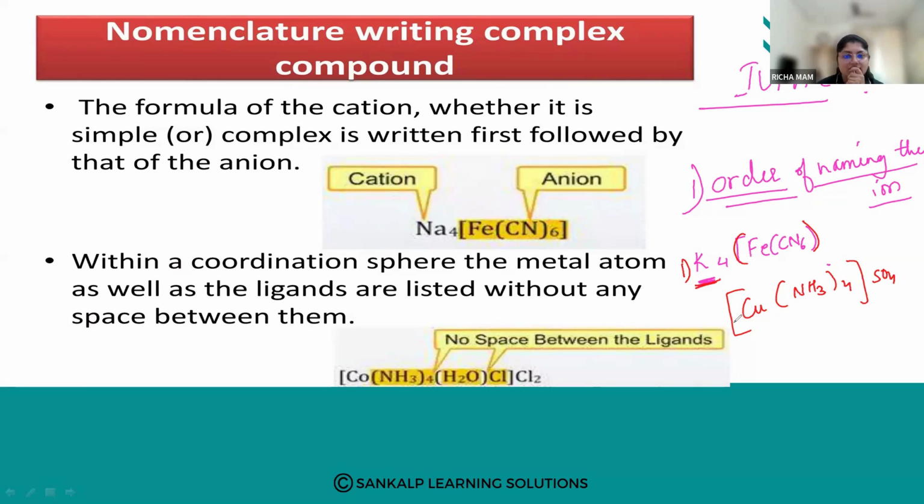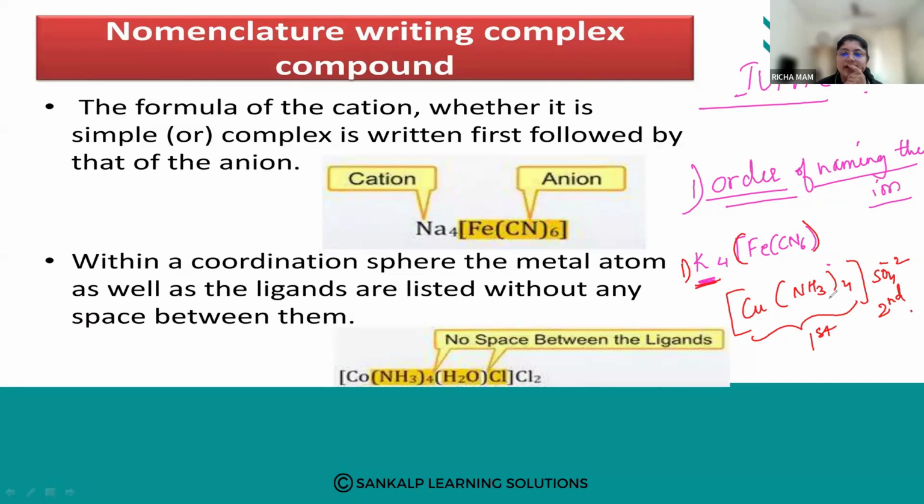What is the sulfate charge? Sulfate charge is -2. So which will come first? Which is the positive entity? Your copper complex. So this you have to name first, and then you have to name this one.